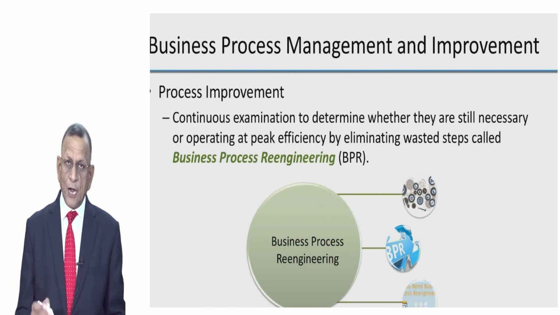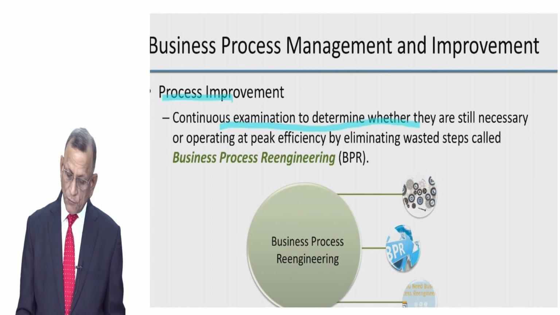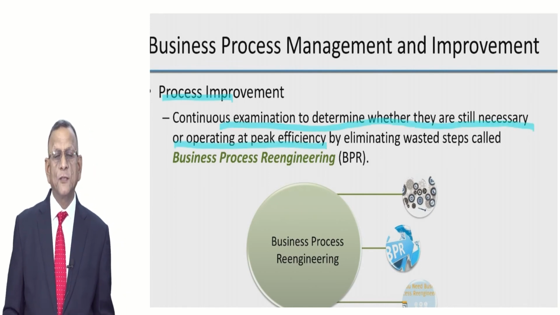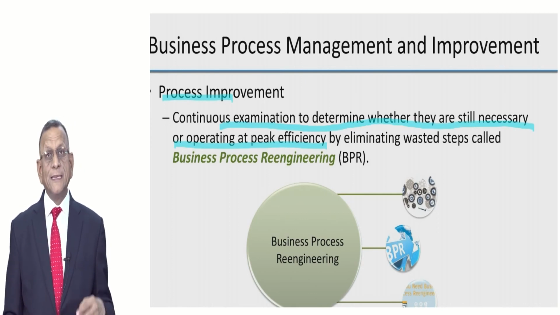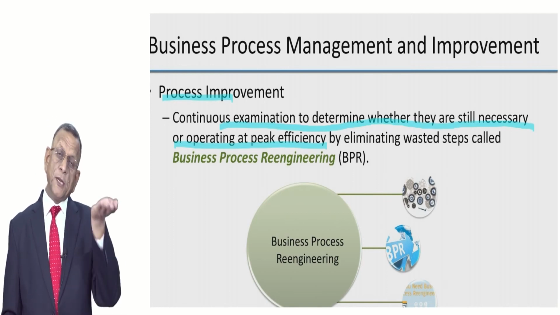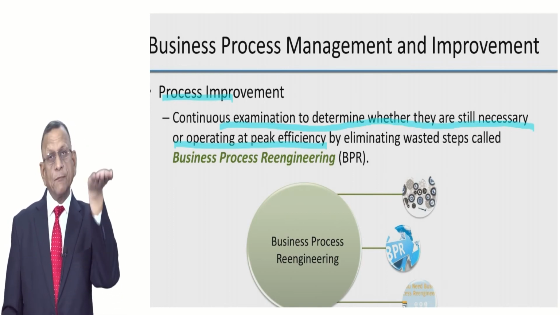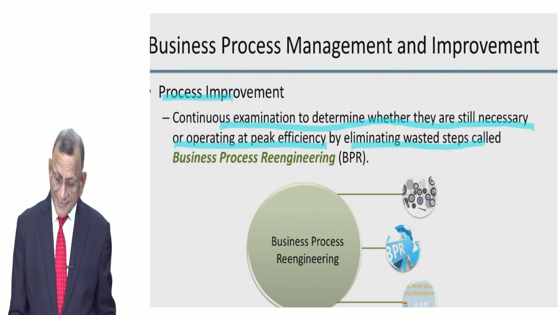So how can we improve the business process? Continuous examination to determine whether they are still necessary or operating at peak efficiency. Do we need to do this now? Or are they in a position to work effectively and efficiently whenever we need them to perform at their best, by eliminating wasted steps.